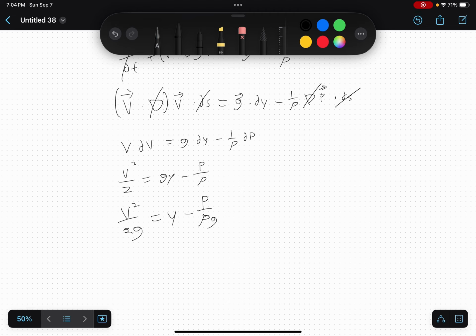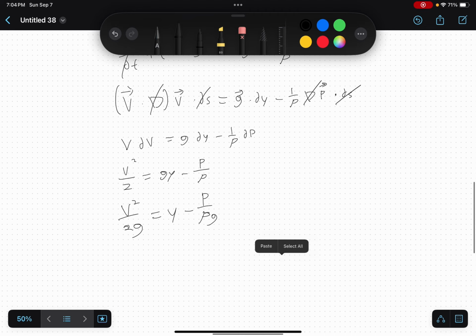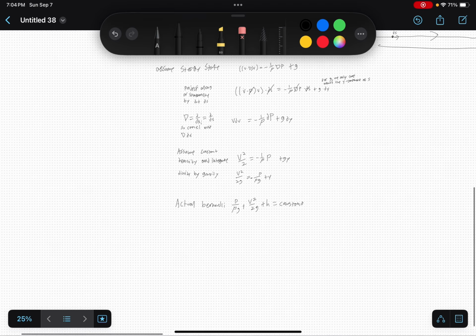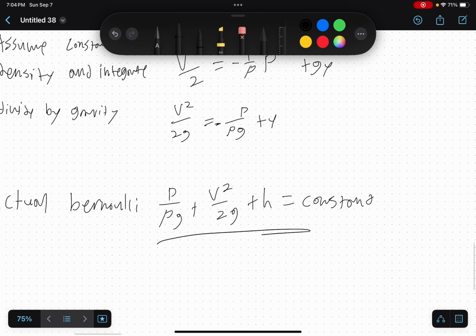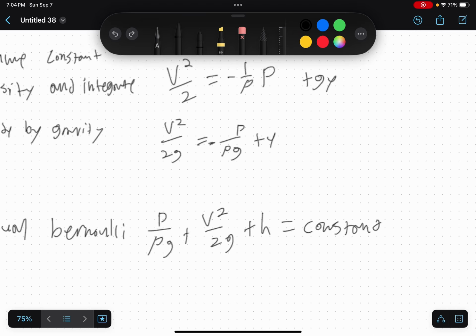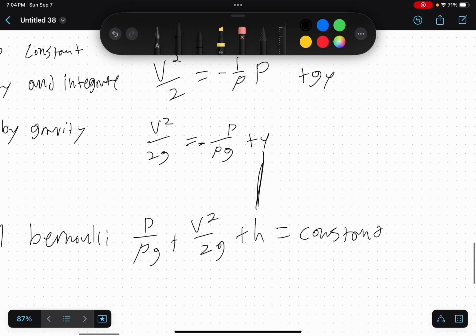The whole idea is this equals a constant, and that is your Bernoulli equation. The actual Bernoulli I write out like this, but it's literally the exact same thing. We just swap h and y.